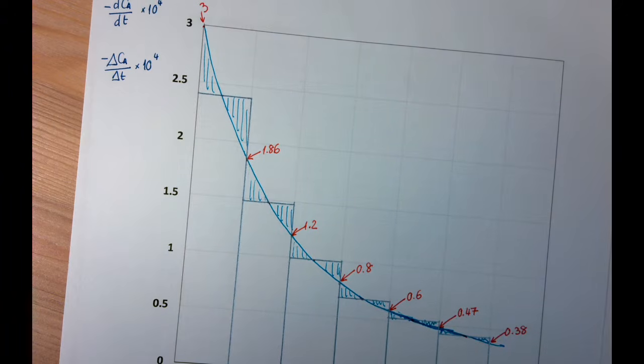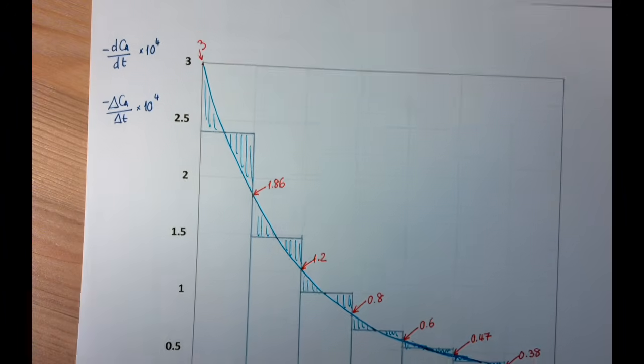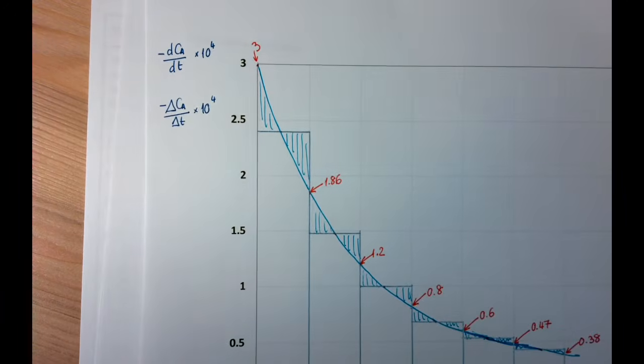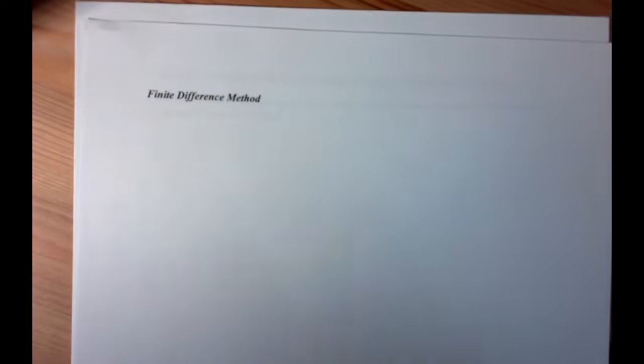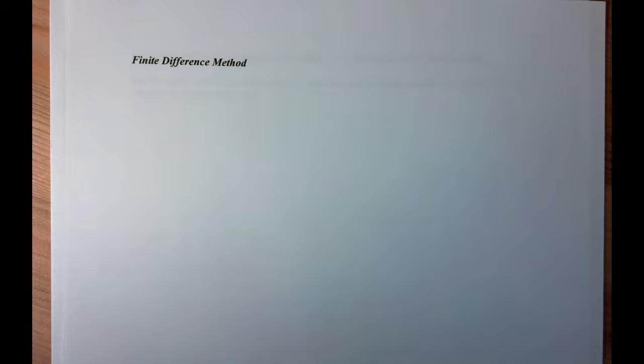Okay, so we found alpha and we found K. We're done with doing this by using the graphical method. How about the finite difference method? So this would be the numerical method. Okay, so the numerical method, we'd have to apply that equation that I showed you earlier.